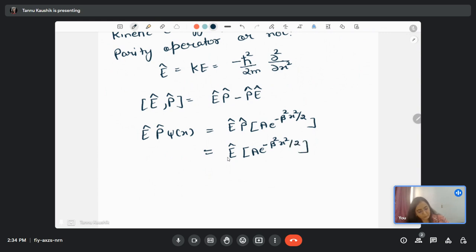So here we will replace x with minus x, and what will we get? We will get x squared by 2. So this function is symmetric with respect to parity.